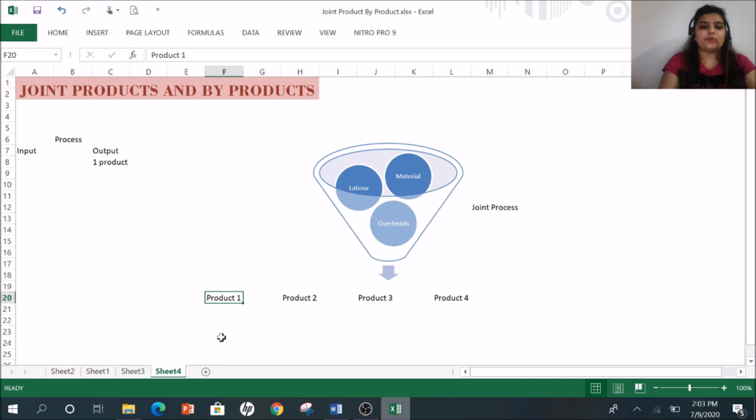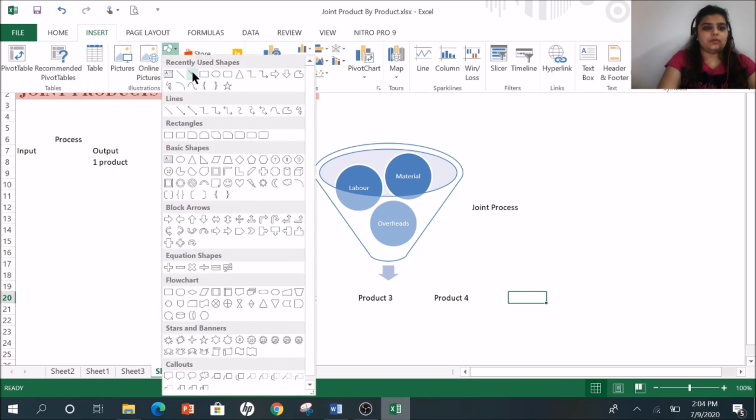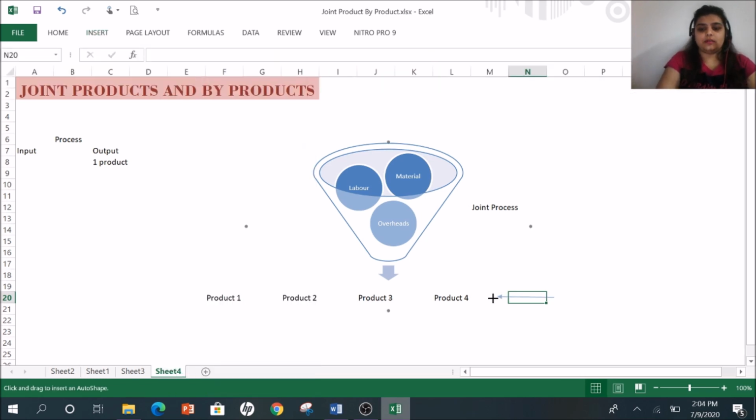With a single process I am getting more than one units as my output. These products which come out as an outcome of a single process are known as joint products. So these are my joint products.